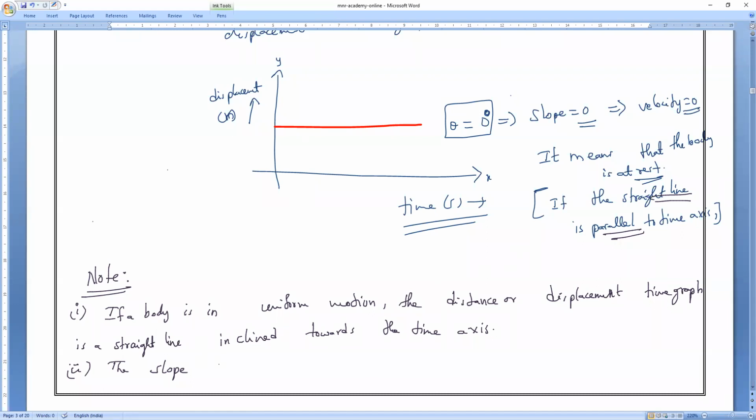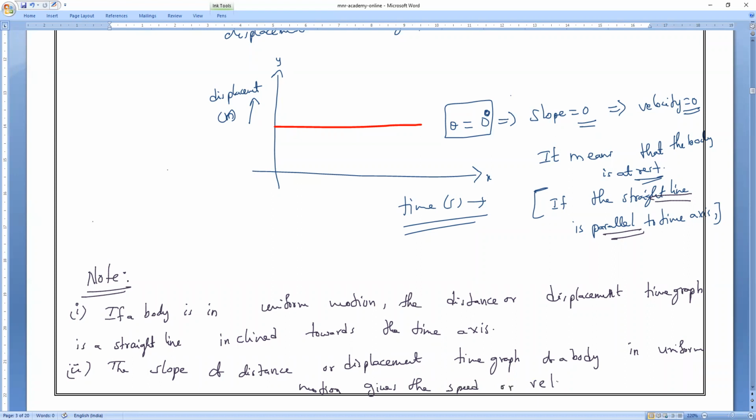Next point: the slope of the distance or displacement time graph of a body in uniform motion gives the speed or velocity of the body.